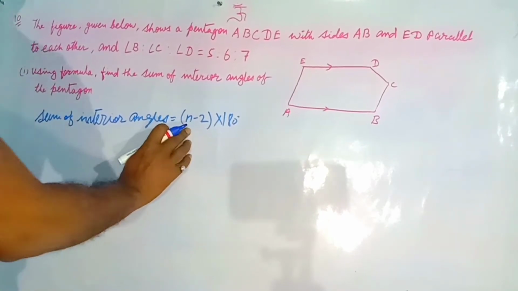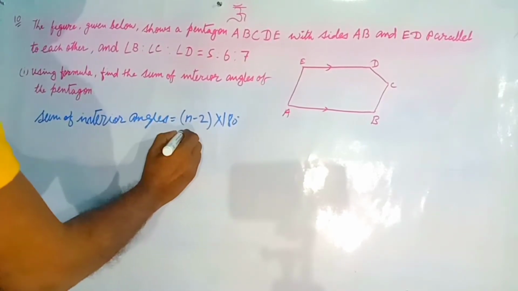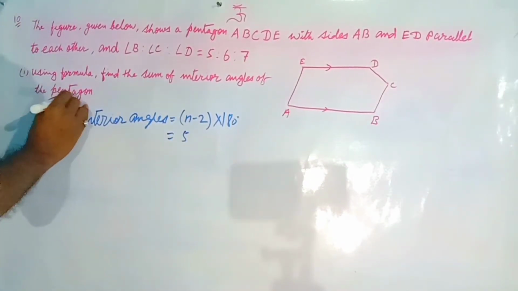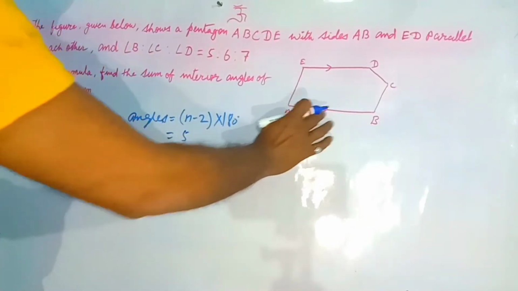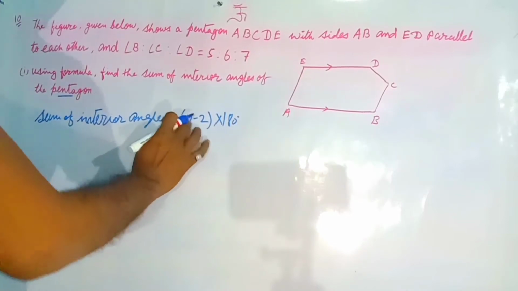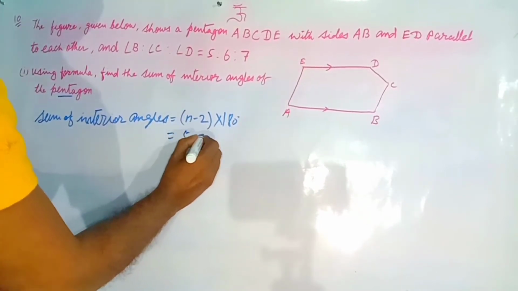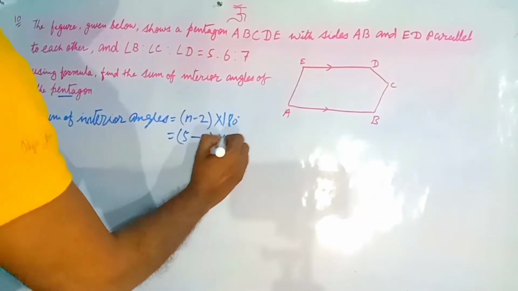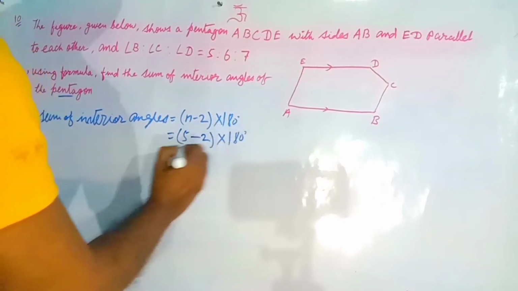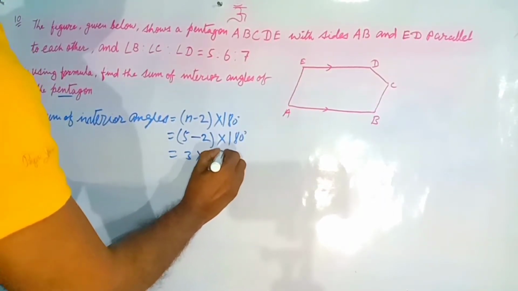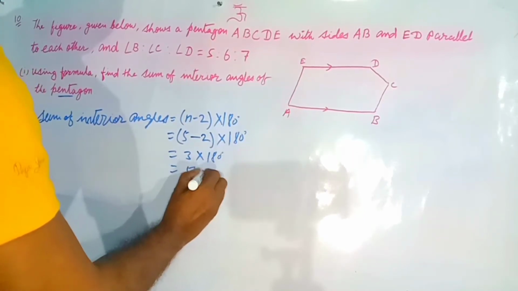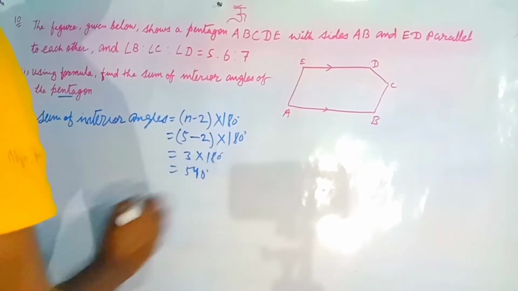Now in the place of n we will write 5, as we know it is a pentagon and it has 5 sides. See, 1 2 3 4 5, it is a 5-sided figure. So in the place of n we will write 5, then minus 2 into 180 degrees. Now 5 minus 2 is 3, into 180 degrees, then 540 degrees. Then question number 1 is completed.